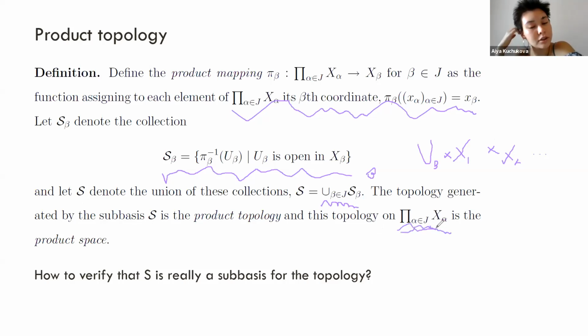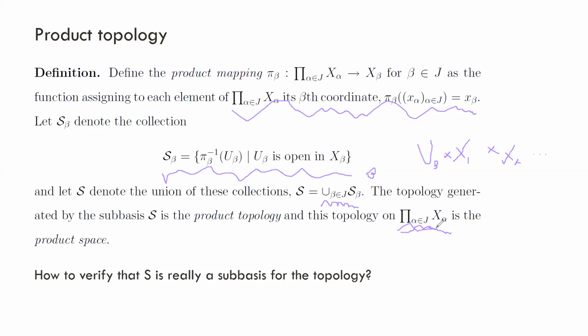Okay, sure. Just to give it a physical kind of intuition: there is an open set U beta, and you're taking all possible vectors which have the beta coordinate from this open set, right?